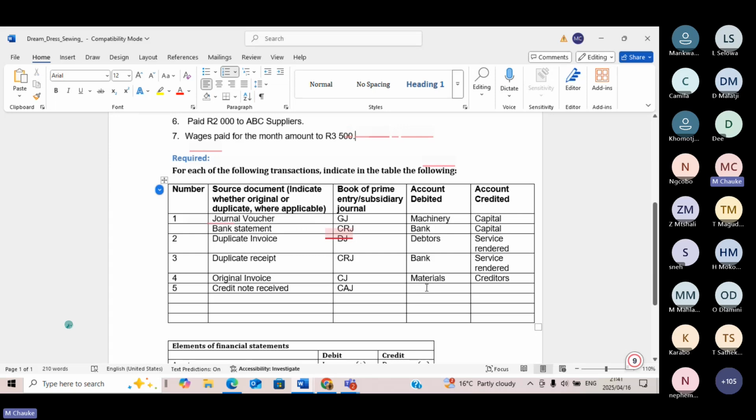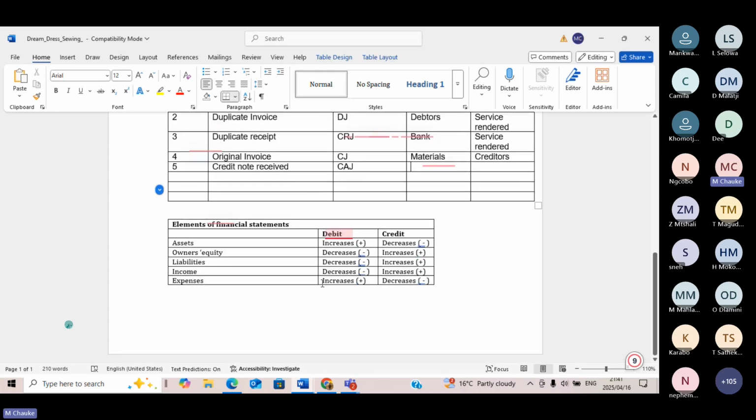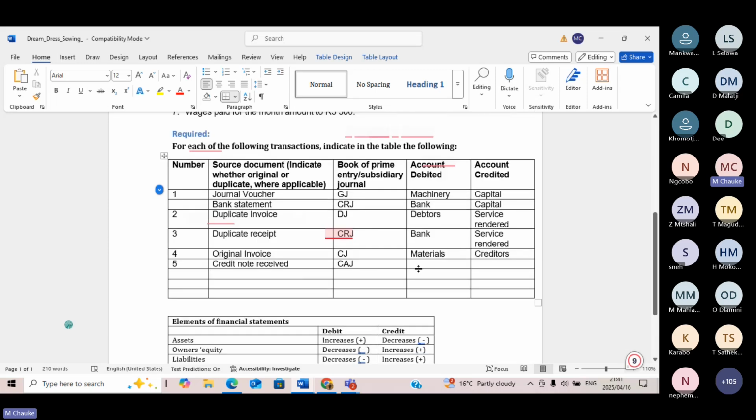When creditors, which are your liabilities, are decreasing, we must debit them. So we debit our creditors, because they are decreasing due to purchases returns of materials.